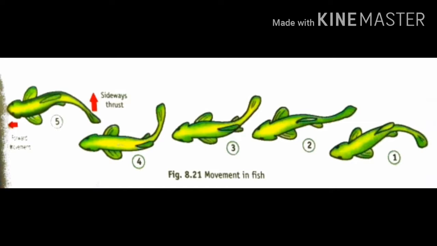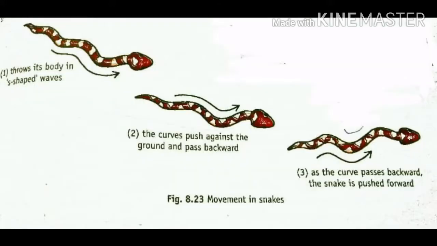Then quickly the body and tail curve to the other side. This makes a jerk and pushes the body forward. A series of such jerks makes the fish swim forward. Fish also have other fins on their body, which help to keep the balance of the body and to keep direction while swimming.